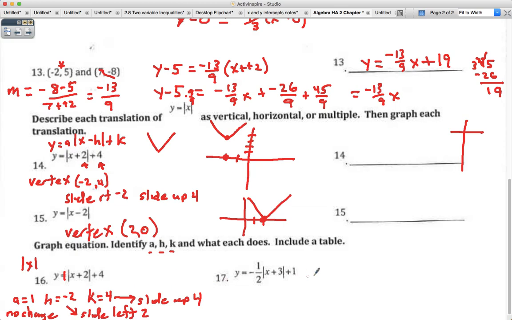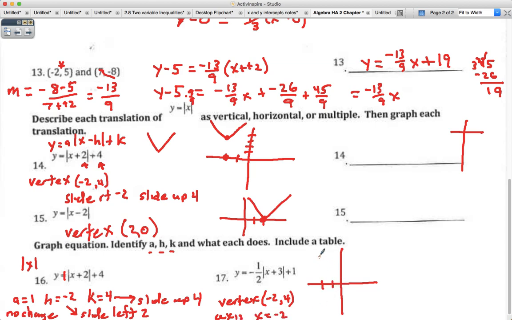So let's go ahead and do the graph. Okay. I know my vertex is going to be -2, 4. So that means my axis is x equals -2.